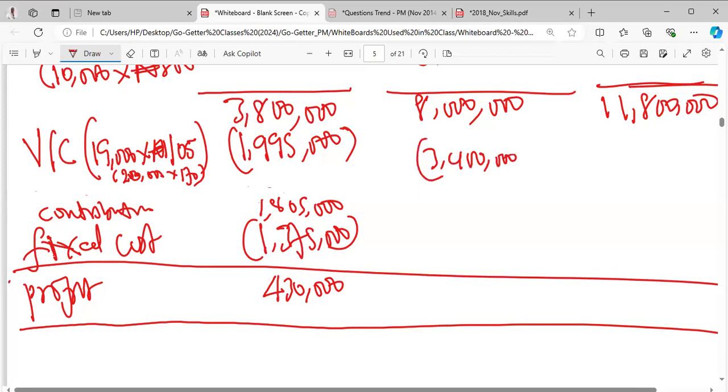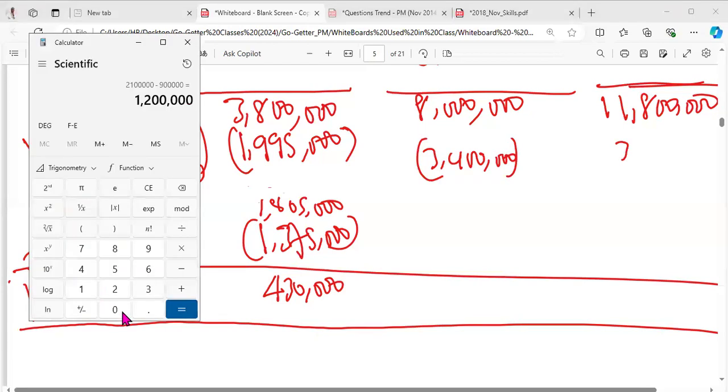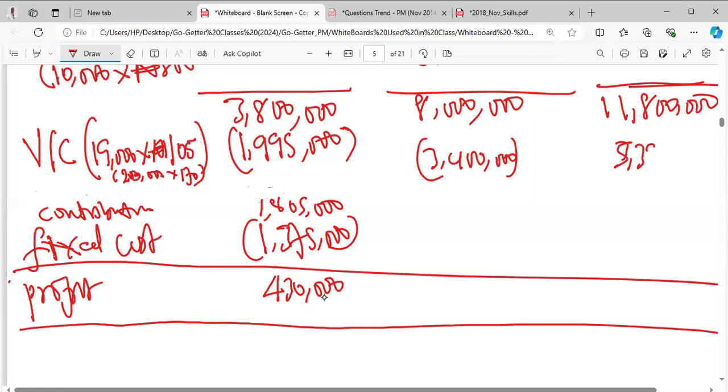Okay, 3,400,000. So this is, add them together. Come and do that now. 3,400,000 plus 1,995,000 will give you 5,395,000.